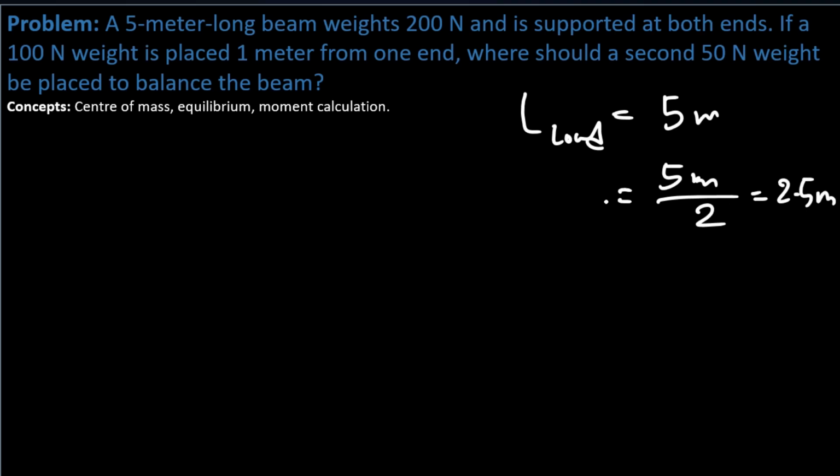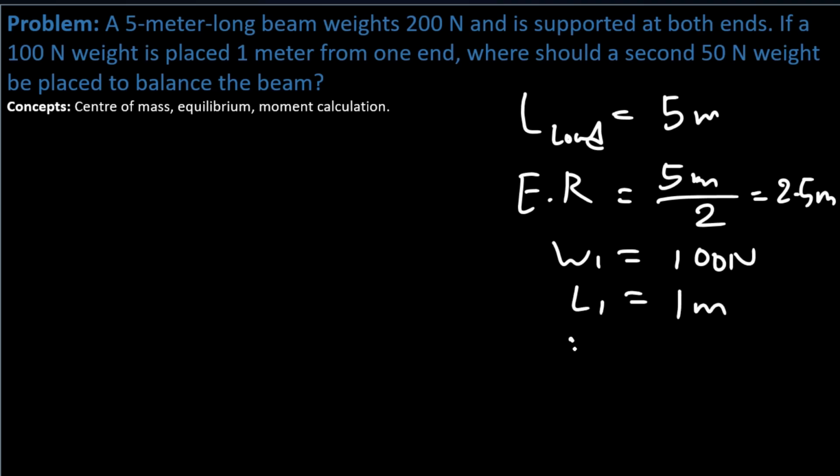It's the effort arm. So here it is supported at both ends. So here we're going to find the W2. W1 equals 100 Newton and L1 equals 1 meter.